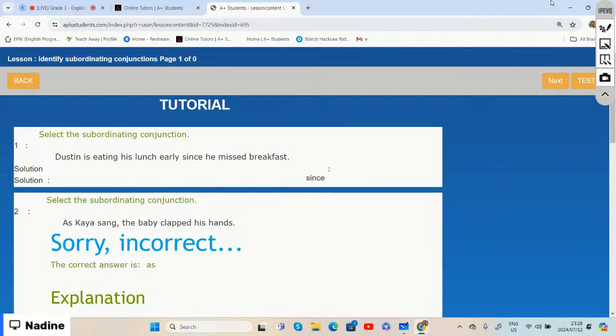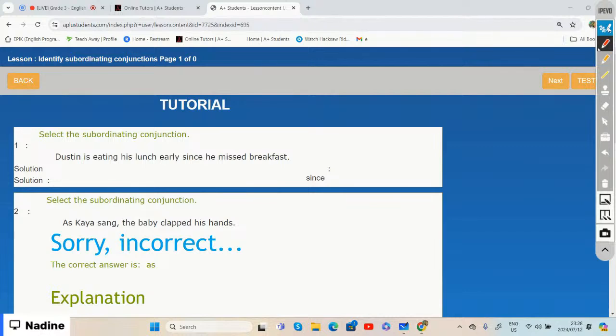All right, if we were to identify our subordinating conjunction within the sentence, we are going to choose since, because that is the word that connects the two simple sentences within the sentence. Dustin is eating his lunch early since he missed breakfast this morning.